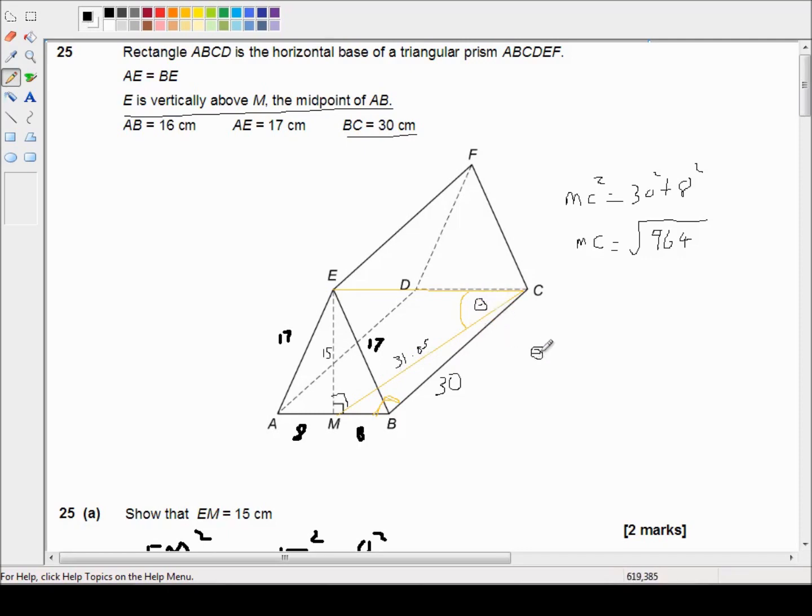So tan theta is equal to opposite over adjacent.